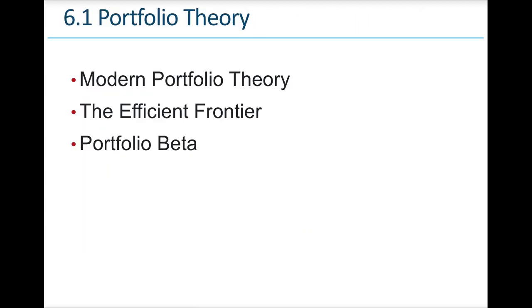So let's talk about some modern portfolio theory. In the 50s, this Nobel Prize winner, Harry Markowitz, developed a theory that formed the basis of what we call MPT, modern portfolio theory. In the years since this pioneering work, many other scholars and investment experts have contributed to the theory.